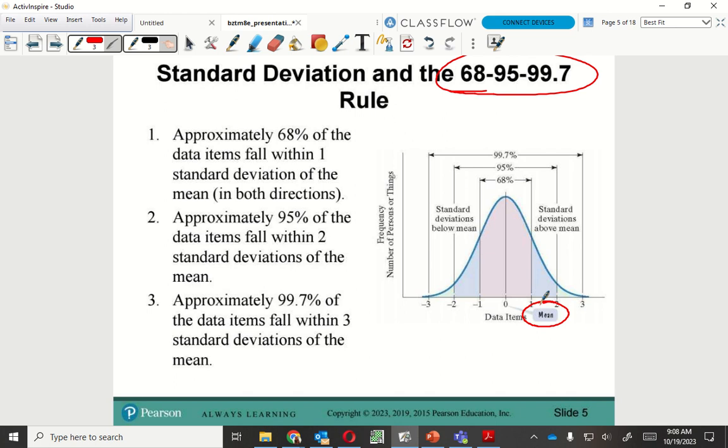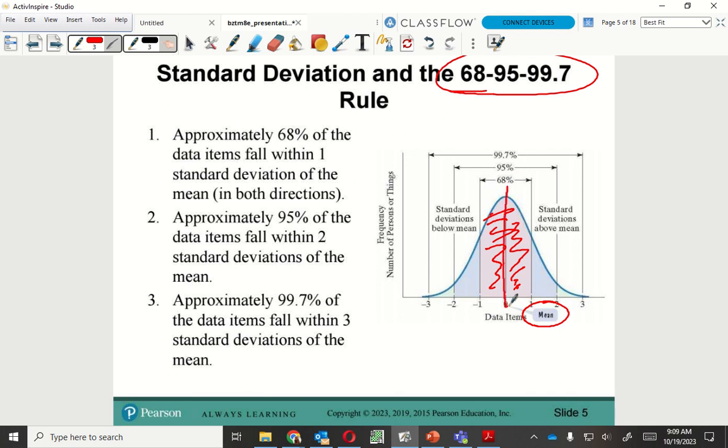So, 68, 95, 99.7. That means in this curve that 68% of all data items are going to lie right here in the middle. Okay, 68% is all going to be in there, right? And each one of these is referred to as different parts. So if I do a +1, that would only be half of this.